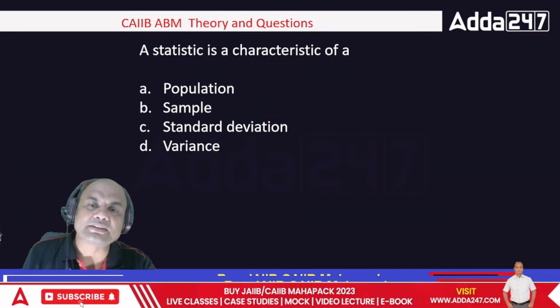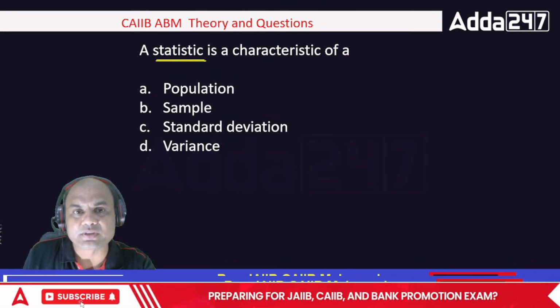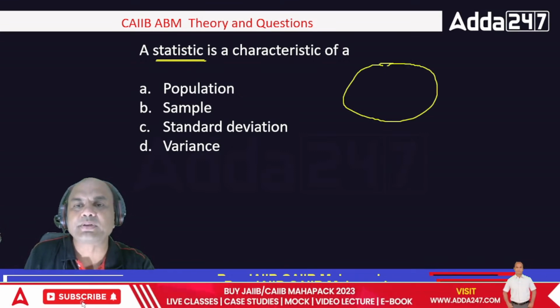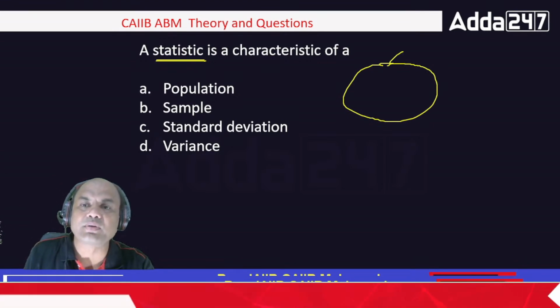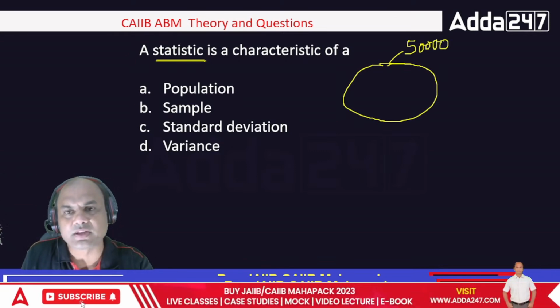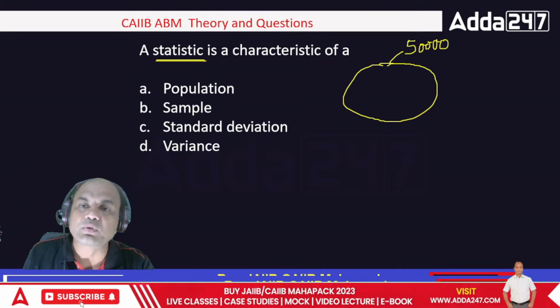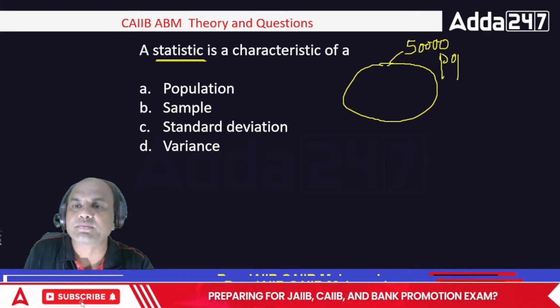A statistic is a characteristic of. Now this is a very important question. Whenever we take the complete population, let's say I have to do a survey of 50,000 persons in a city. The population of a city is 50,000. So this complete 50,000 is known as population.